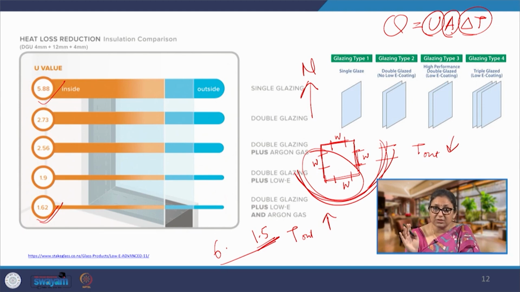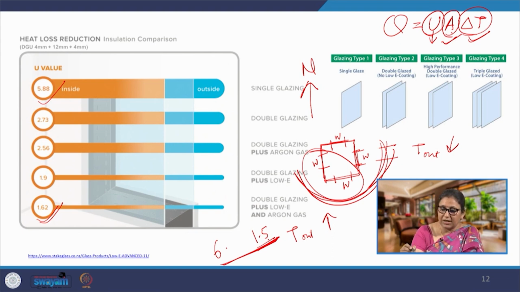Now, what all remains constant here? We have the area which remains the same. We have delta T, the temperature, which remains the same in case we have the same set point. Assuming the same set point, what are we changing? We are changing the U value. So, what happens if I reduce my U value by 1/4?